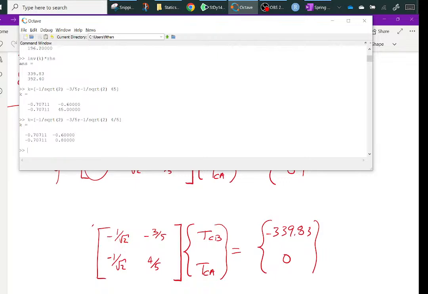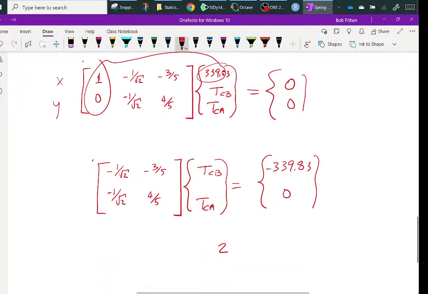So now I've got the K. Got to get the right hand side in there correctly, and that's minus 339.83, and then a 0 underneath that, and then I do the inverse of K times the right hand side. Okay, 274.62, and then 242.74. That's the tension in CB. It's the tension in CA.